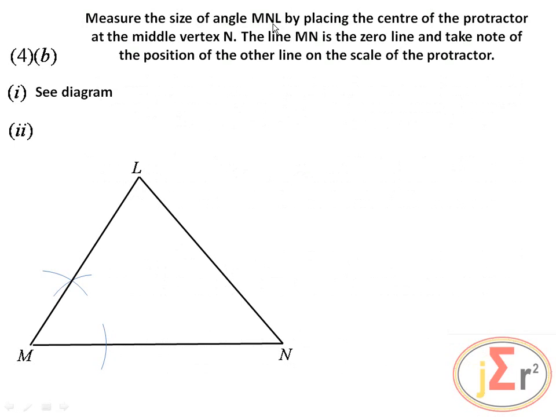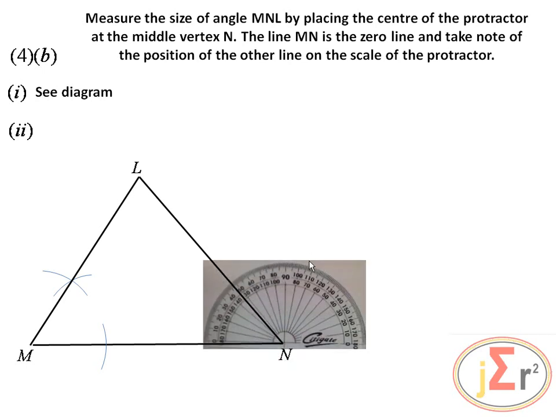The middle letter is N, the angle is located at N. By placing the center of the protractor at the middle vertex, which is N, the line MN is the zero line, and take note of the position of the other line on the scale of the protractor. That is, the center of the protractor needs to go at N, because N represents the point at which the angle is located.